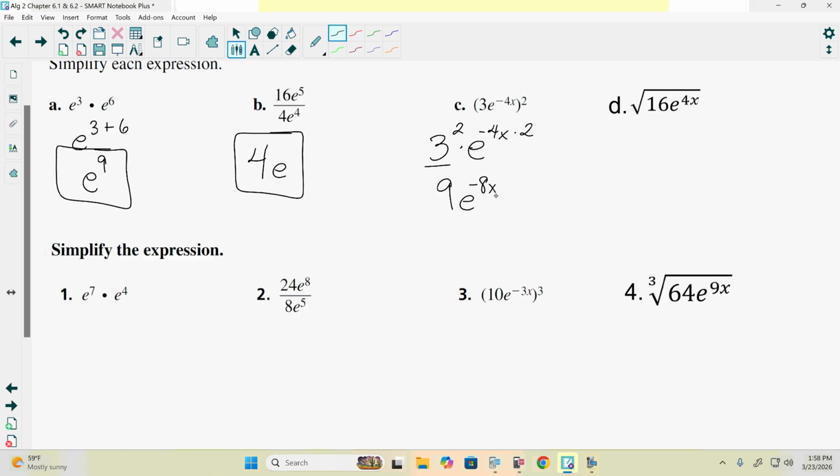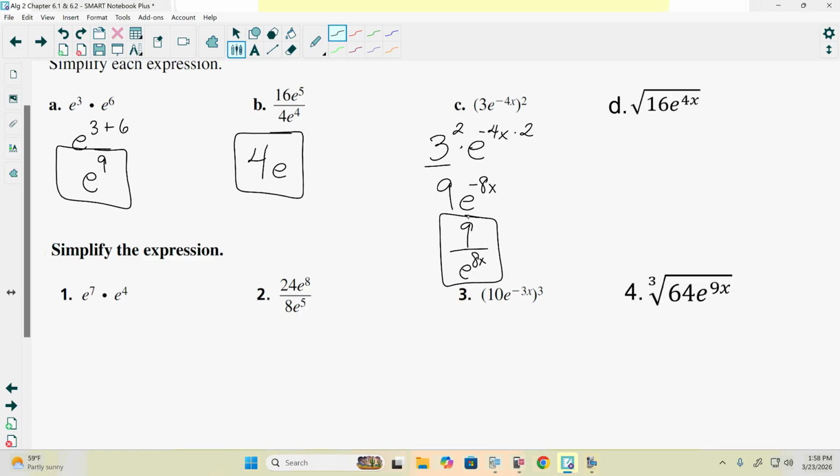We can't leave an exponent negative. To make it positive, we've got to move it from the top of the fraction to the bottom. Because when we move a term from the top of the fraction to the bottom or bottom to the top, the exponent goes from positive to negative or negative to positive.